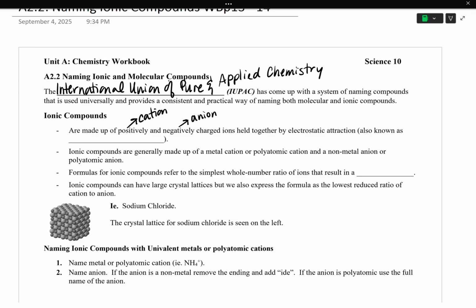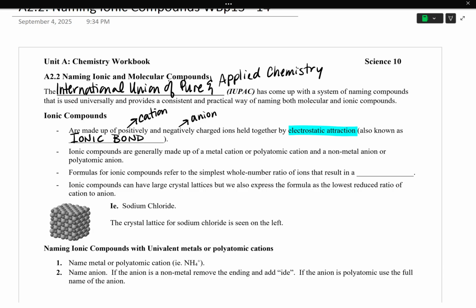When that transfer of electrons happens, when one loses an electron and passes it to another one to gain, this is what we call an ionic bond. And an ionic bond is just an electrostatic attraction. It just means the positive charge is attracted to the negative charge.